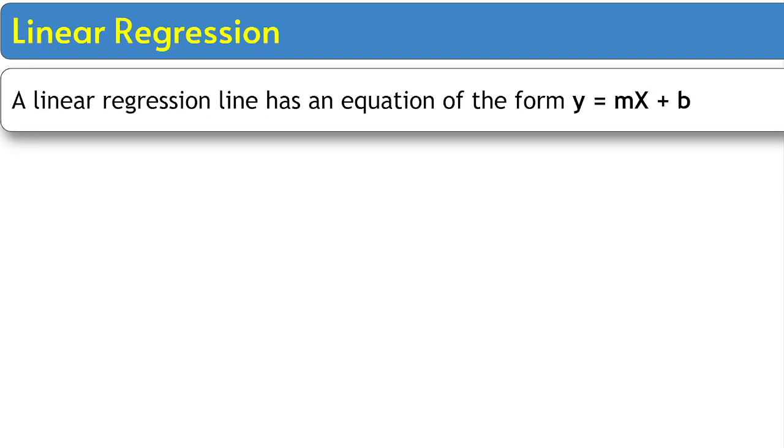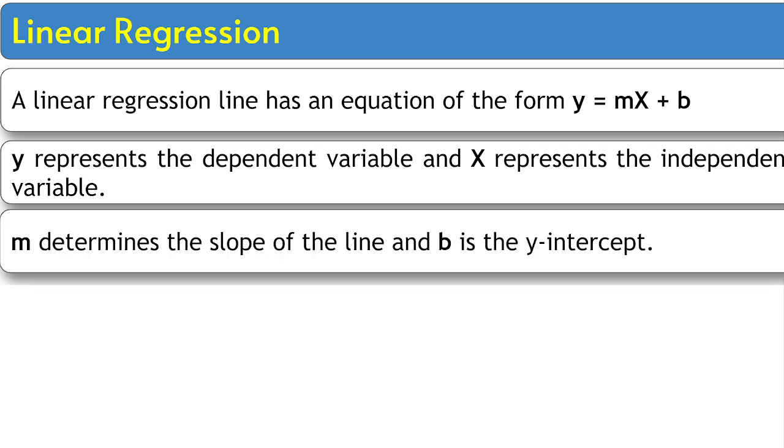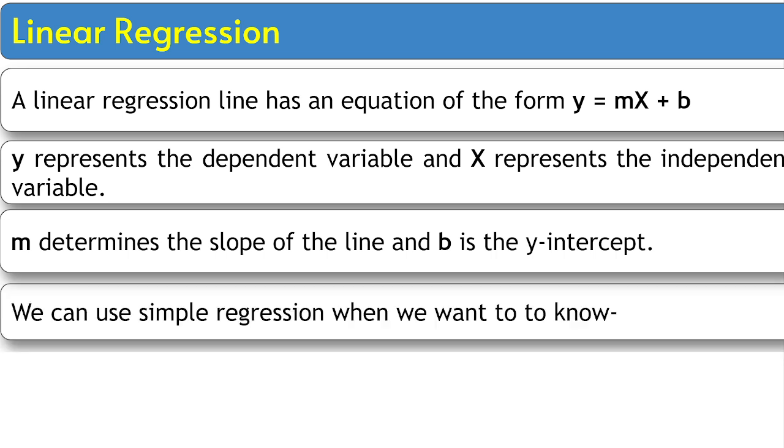A linear regression line has a unique equation of the form y is equal to mx plus b, where y represents the dependent variable and x represents the independent variable. m determines the slope of the line of the graph and b is the intercept of the graph.